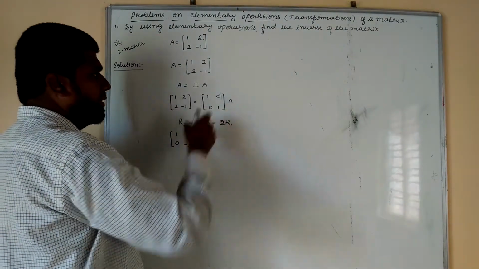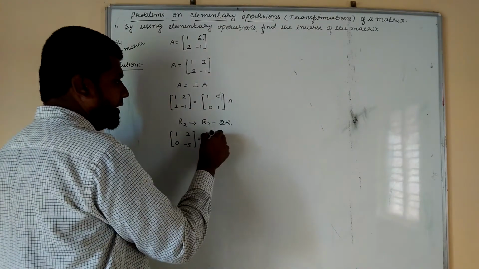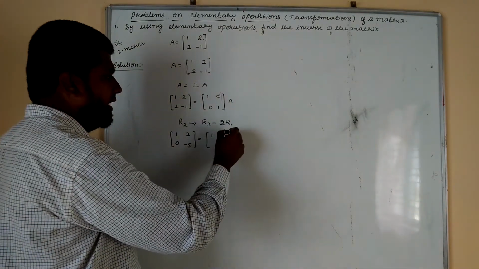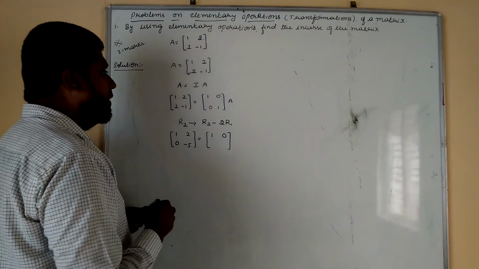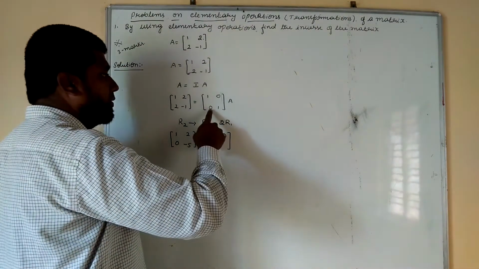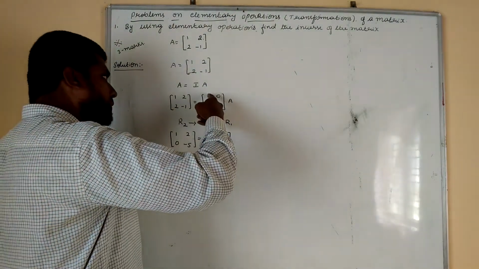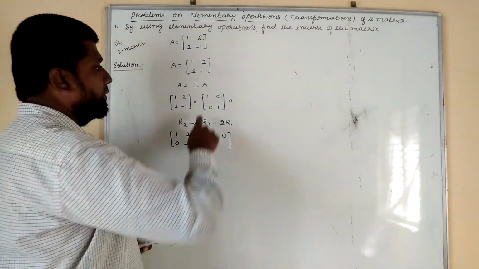Again, apply the same thing on the right side. Write the first row the same, 1 0. For the second row, R2 is subtracted with 2R1. 0 minus 2 into 1 gives minus 2.